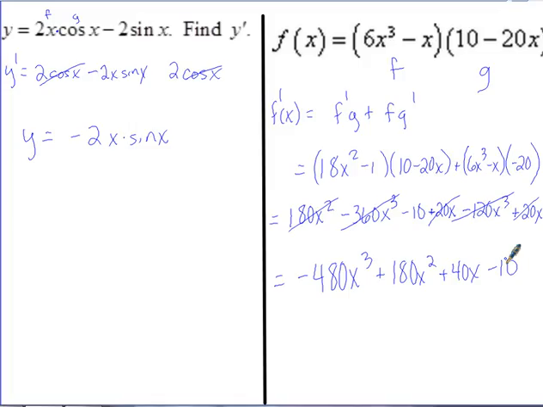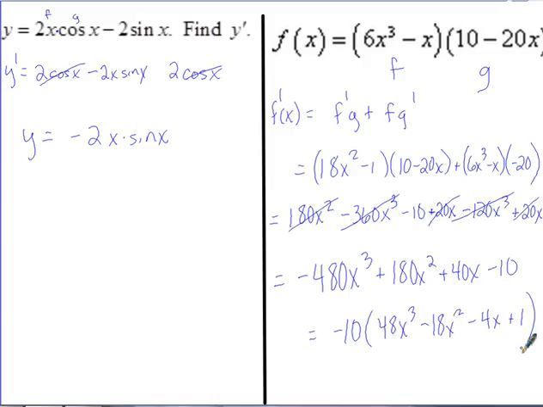By 10. It's really not necessary, but you could if you wanted to, if you're really trying to go that extra mile. So then it would be 48x cubed minus 18x squared minus 4x plus 1.